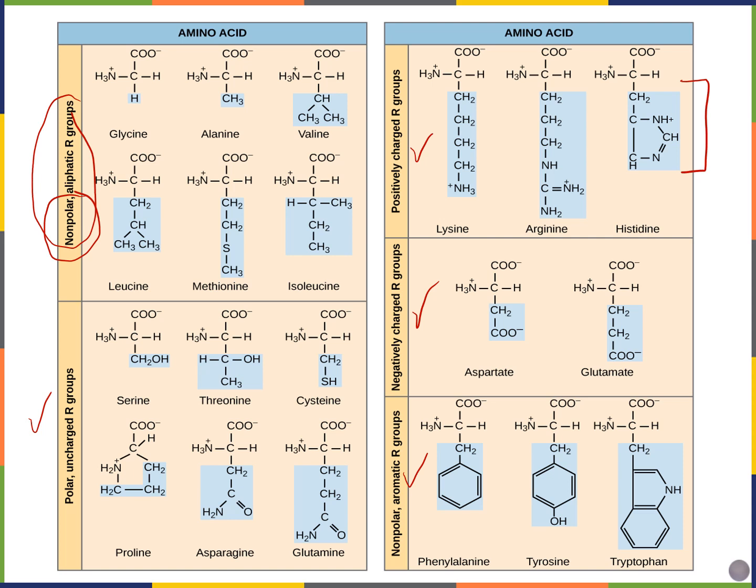Looking at this, you do not have to memorize each amino acid, although you'll see the names of several of these pop up fairly frequently throughout the semester. You don't have to memorize, for example, that lysine looks like this, or be able to sketch it out. But I would like you to be able to recognize whether or not something is going to be hydrophilic or hydrophobic.